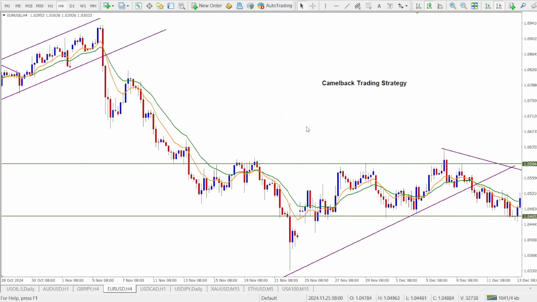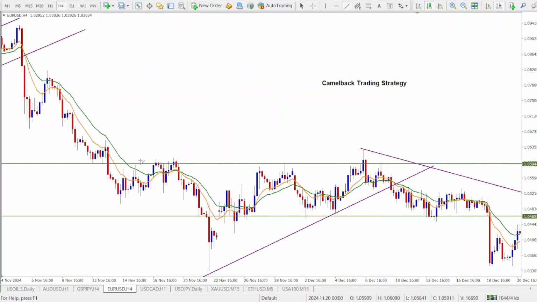Then in this situation, the price was consolidating within a range. This would have been a place to avoid, as price was moving sideways and there was no clear trend.